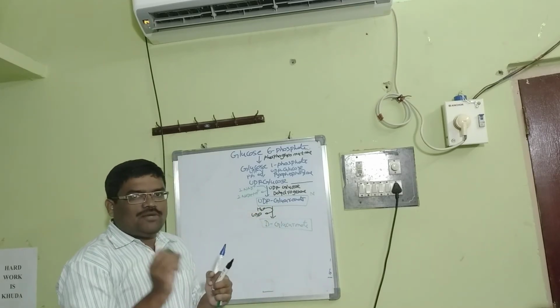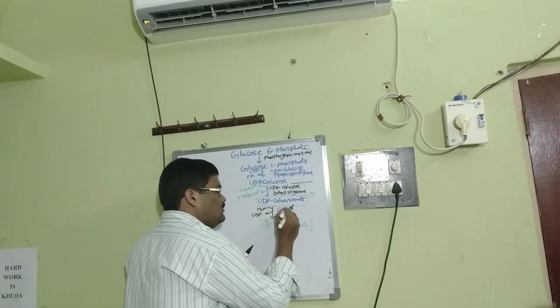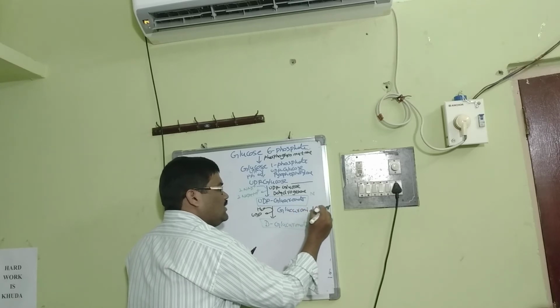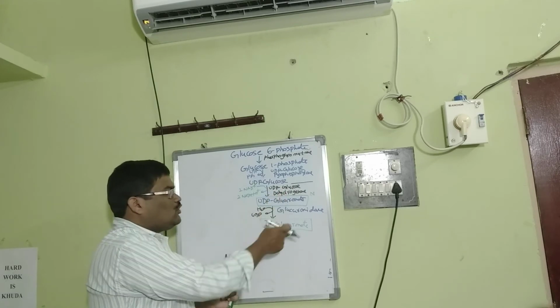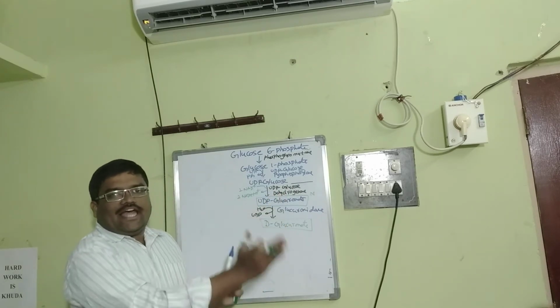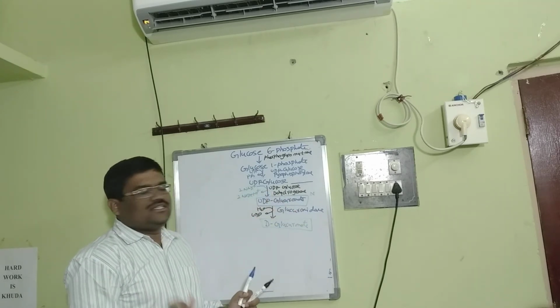Glucuronidase is the enzyme responsible for this. It converts UDP glucuronate to D-glucuronate by a hydrolytic reaction, simply removing UDP. This is very important.